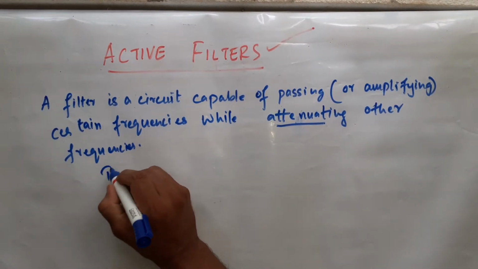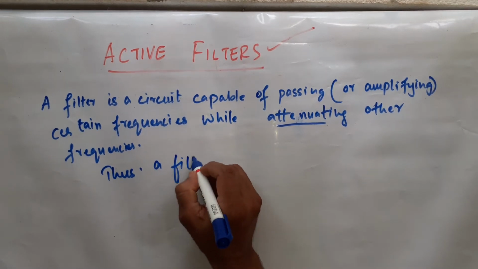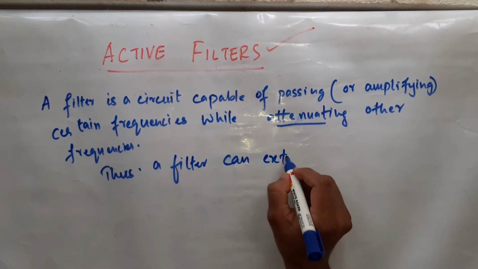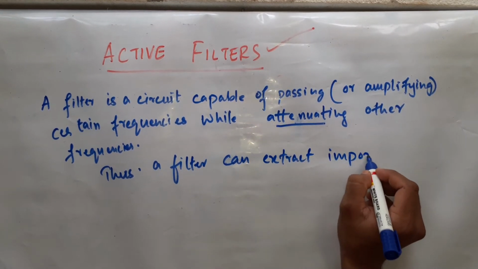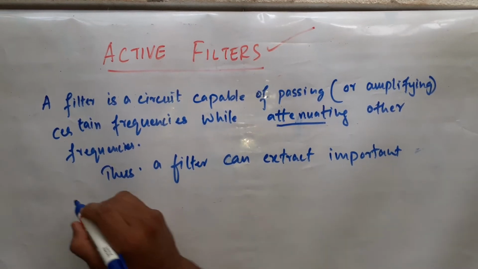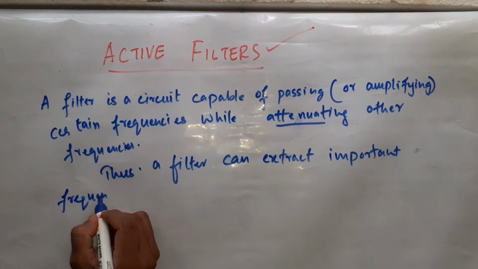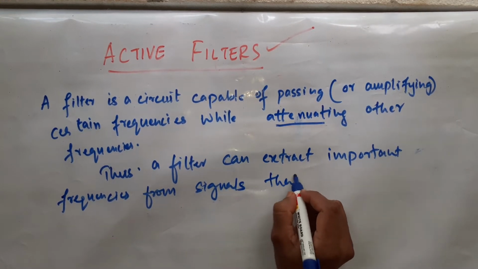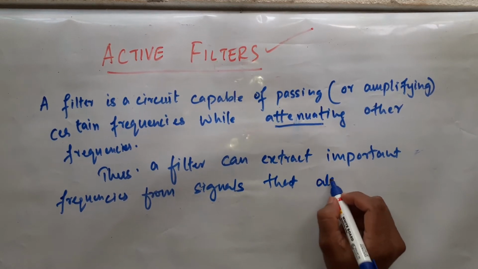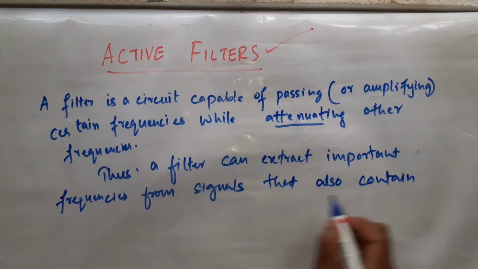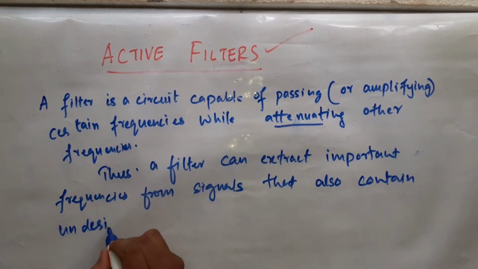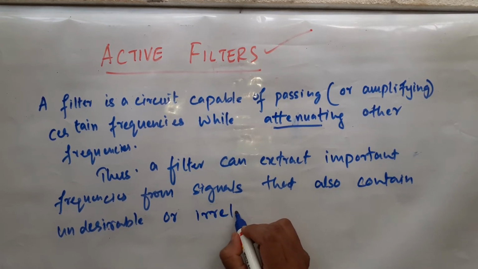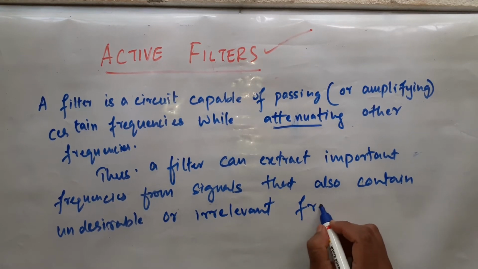Thus, I can conclude like this: a filter can extract important frequencies from signals that also contain undesirable or irrelevant frequencies.